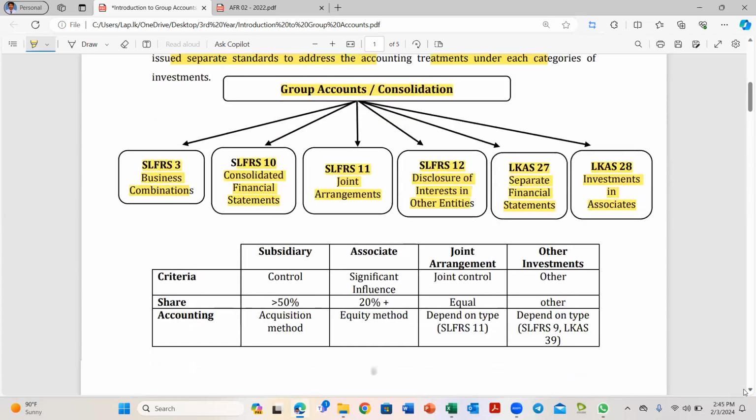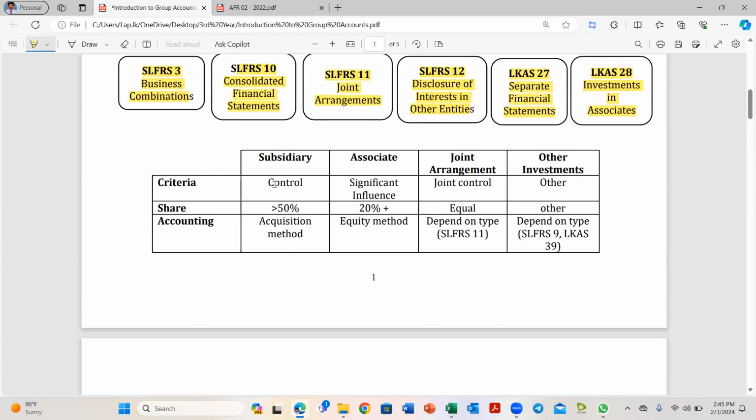So this chart reflects that if you have control over the investee, with an equity shareholding greater than 50%, you use the acquisition method, which means you need to use full consolidation in line with the relevant applicable accounting standard. If it is an investment in an associate, you use equity accounting to account for such an investment.